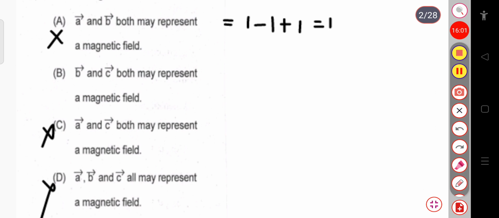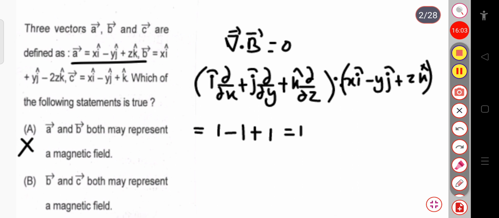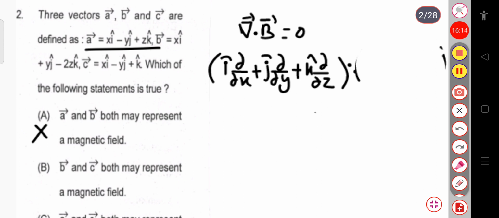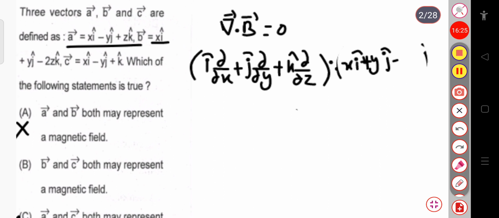But let me check here for the B vector and C vector as well. So for the B vector, let me erase this part and write directly. The B vector value is x i cap plus y j cap minus 2z k cap.